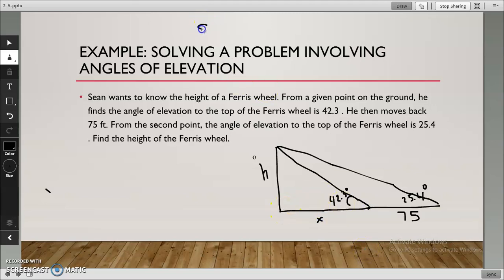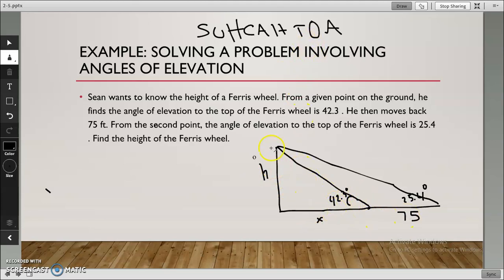So again, using our trig functions, I see that I have angle, I have the adjacent side and the opposite. So that's tangent. So I'll make two different equations.